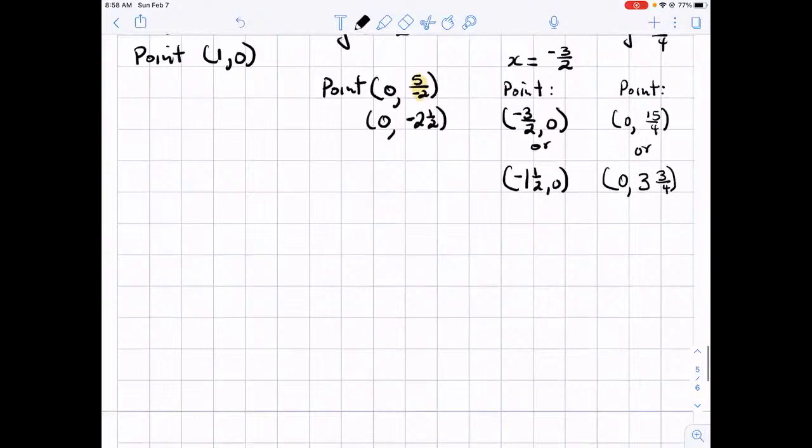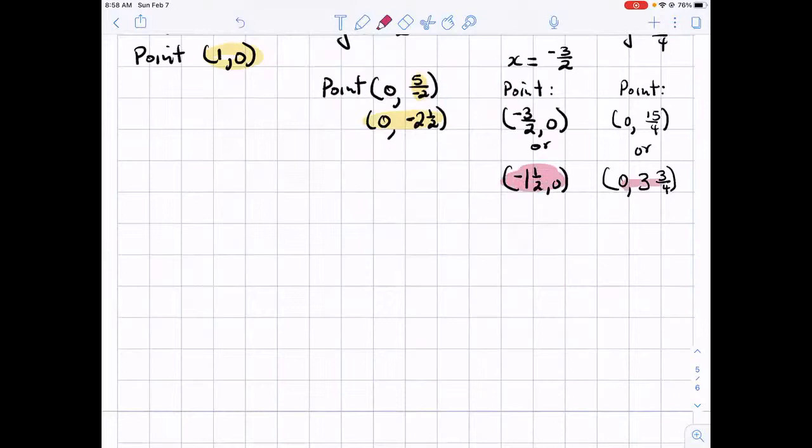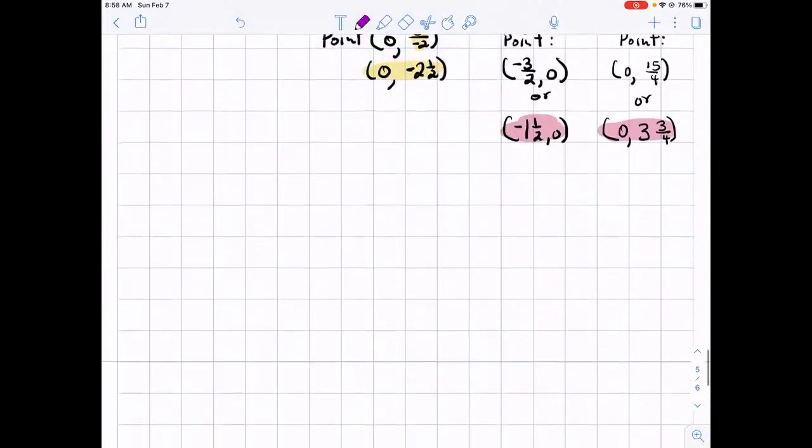So now if we plot these points, remember, these 2 points will give me one line, and then these 2 points will give me my second line. So let's go ahead and get a graph here.